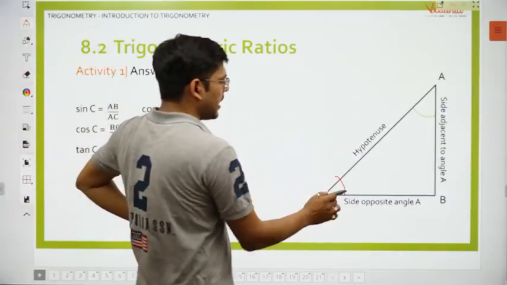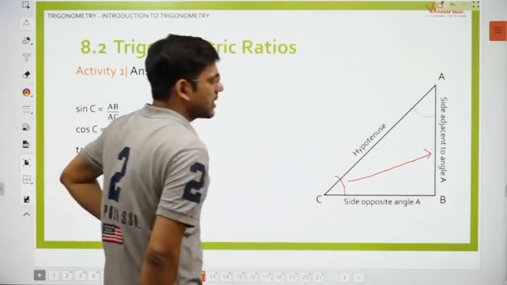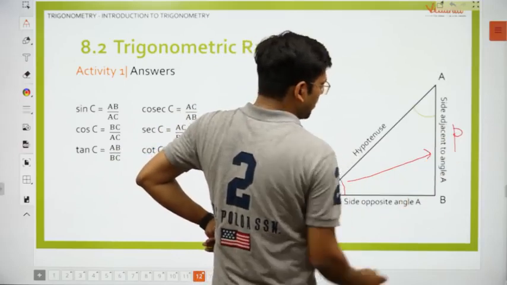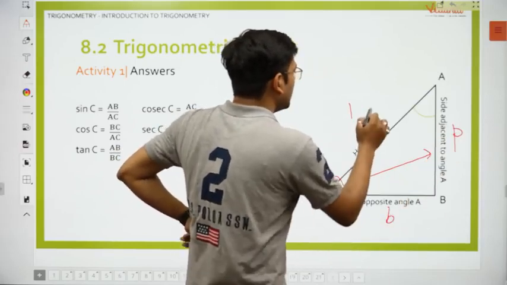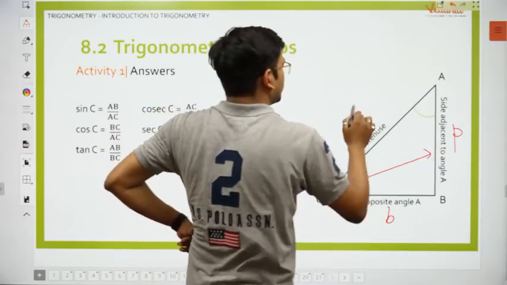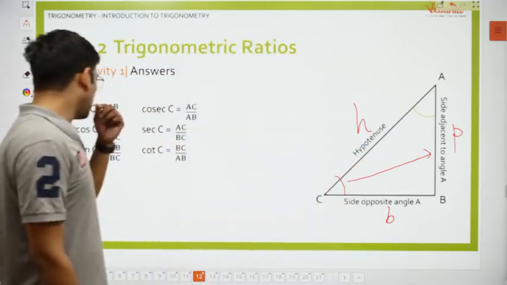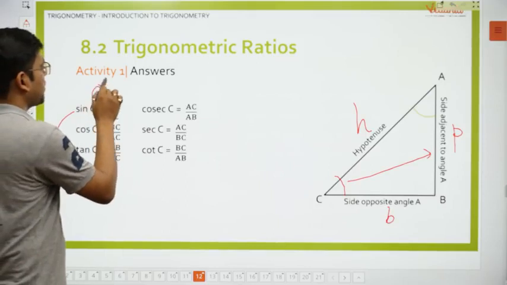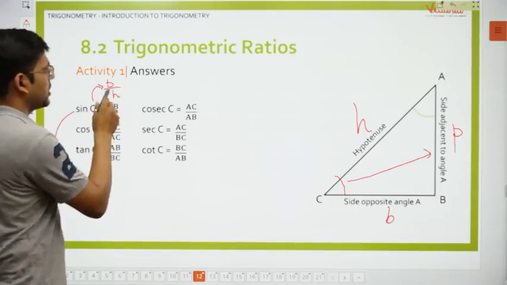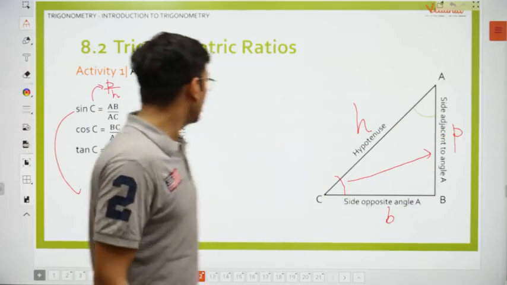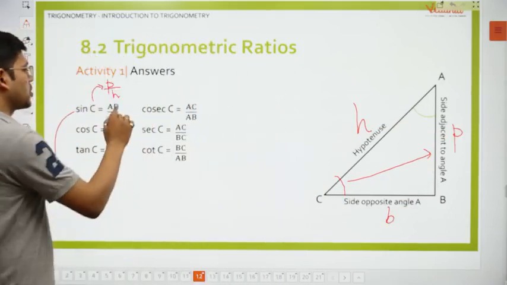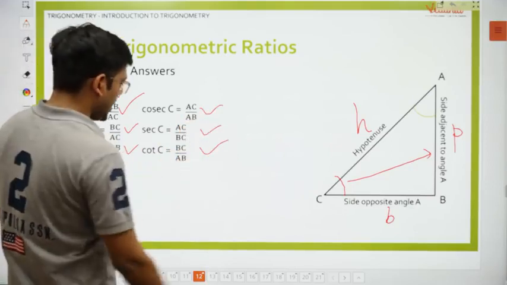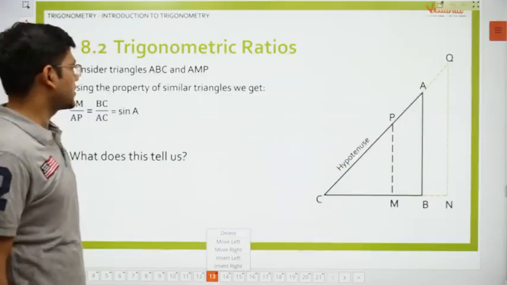If this time I take angle C as the considered angle, then the side opposite to angle C will become perpendicular, this will become base and this will be hypotenuse. Now, if I write sine C, sine is perpendicular upon hypotenuse. So this time perpendicular is side AB and hypotenuse is AC. So this we have got. Similarly, all other T ratios. Are you getting me? Next.